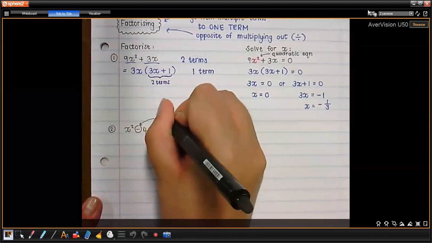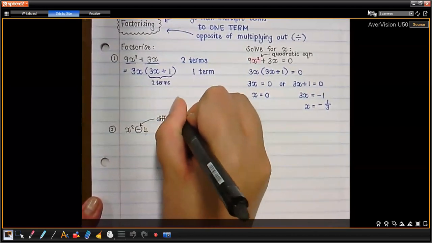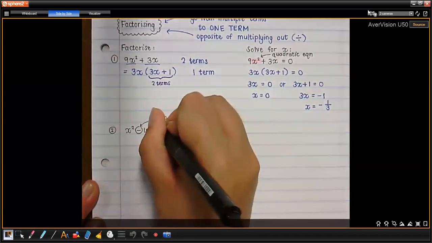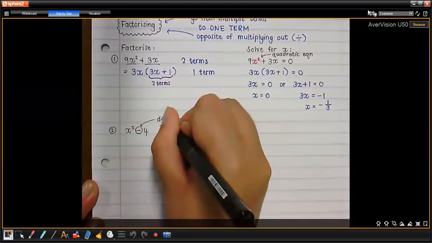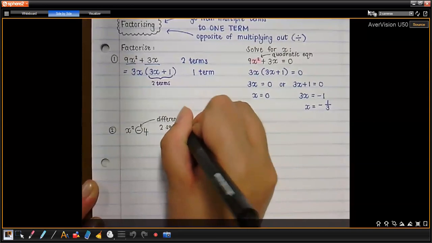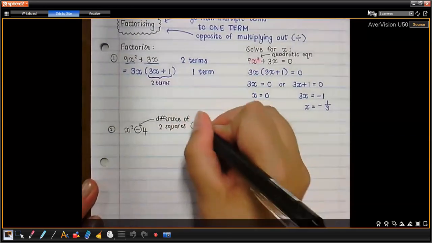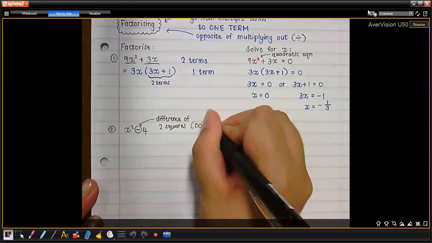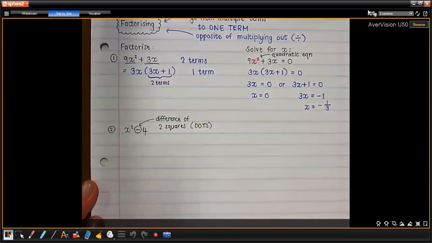Difference of 2 squares. Some teachers call it DOTS. That's fine if you want to refer to it like that. DOTS. Difference of 2 squares. Okay, that's perfectly fine.